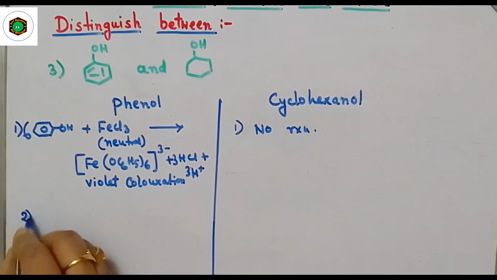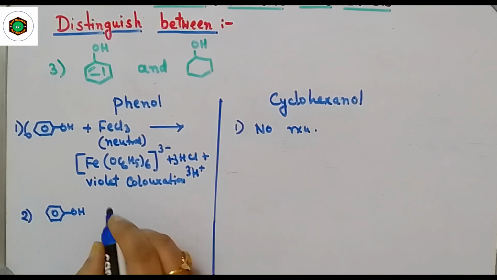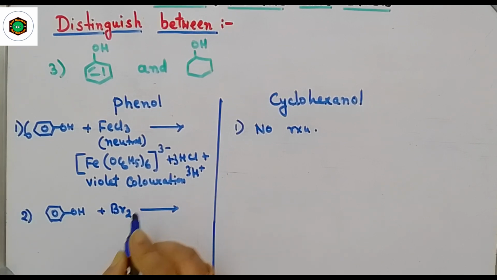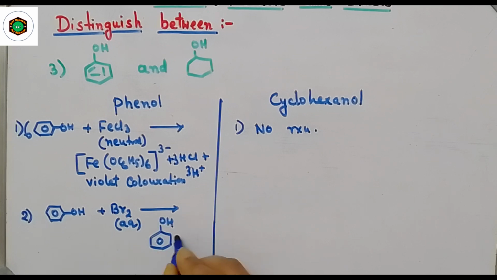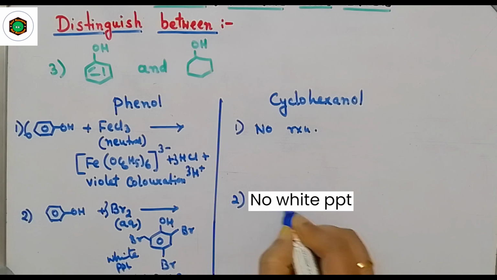So there is no reaction or no violet coloration, you can write. Another reaction is there when phenol is treated with bromine water, means aqueous medium, you will get white precipitate of 2,4,6-tribromophenol, plus HBr. This is as white PPT. But with cyclohexanol there is no white PPT, so there is no reaction.